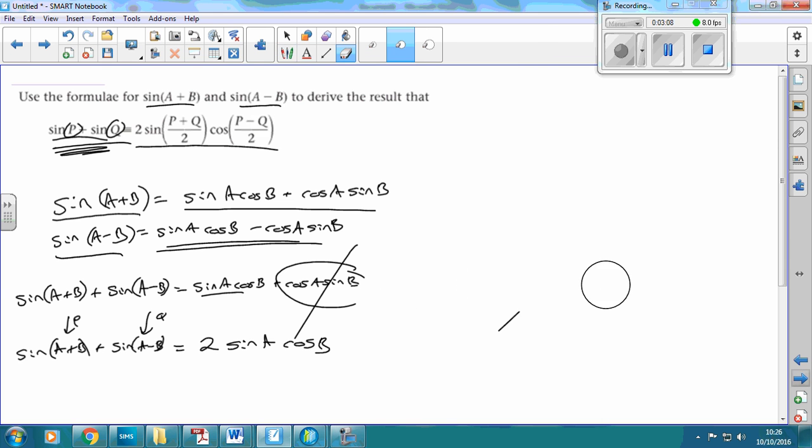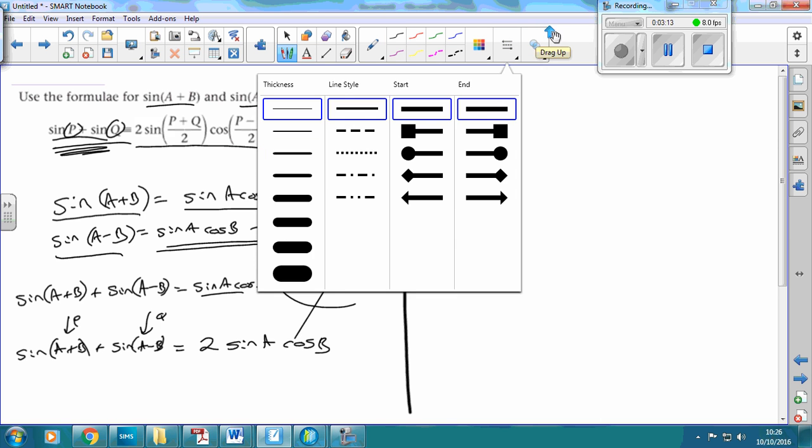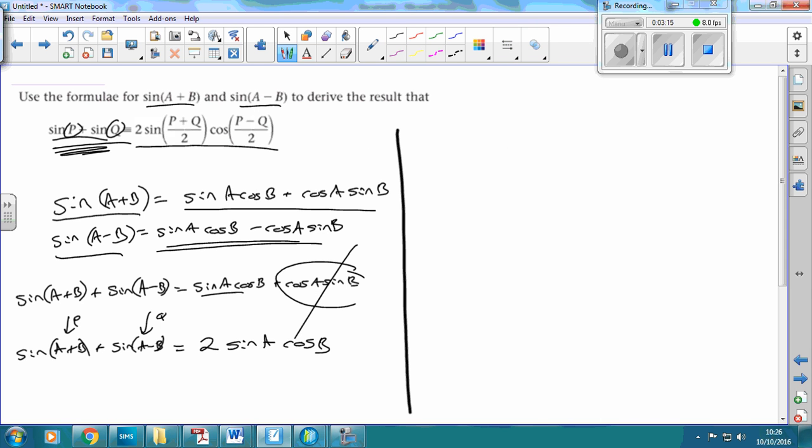If a plus b equals p and a minus b equals q, then we get sine p plus sine q. That looks like the first bit of this up here, so we're going to make it look like the second bit now.